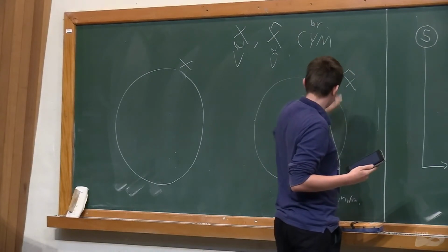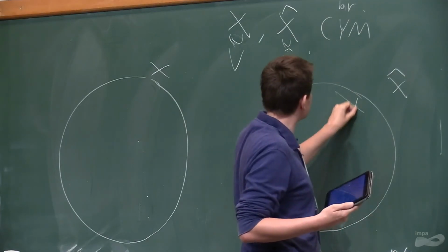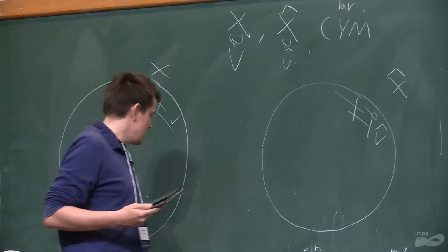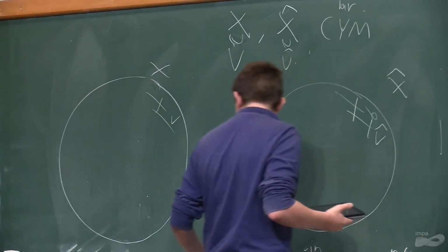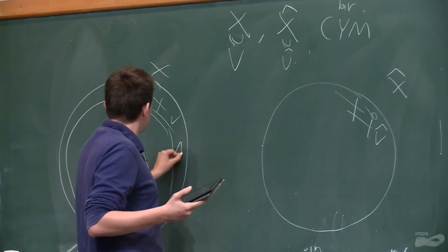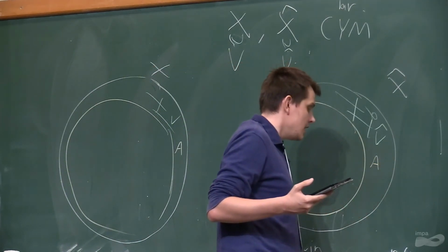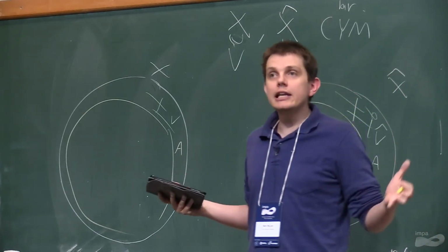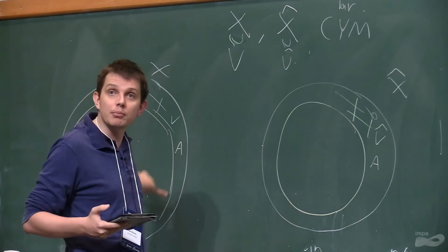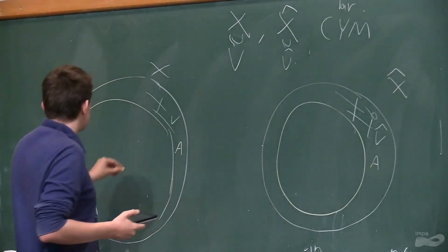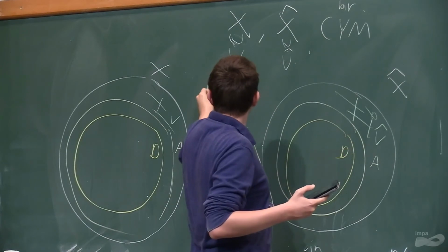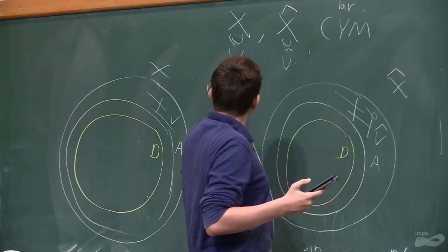I had this common affine subvariety A. What I do is construct a really large index-bounded Liouville domain, which is common on A and identical on both copies of A. So I have a large D here. D is my index-bounded Liouville domain.